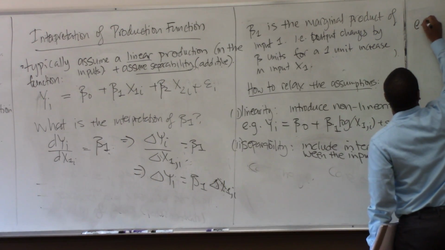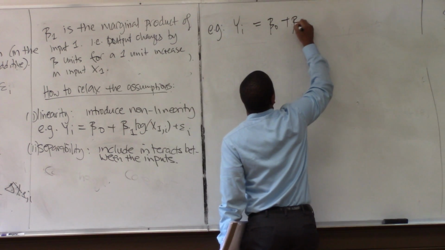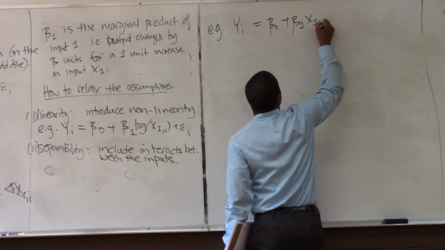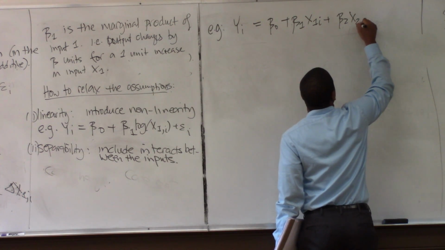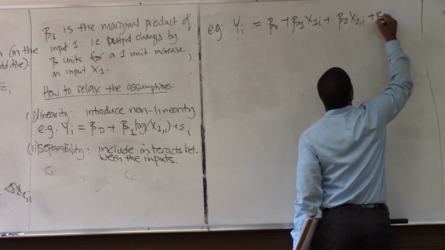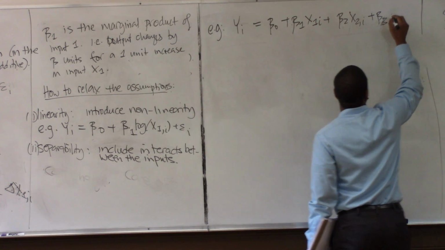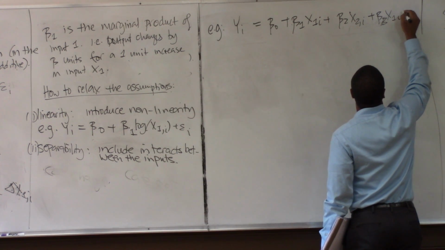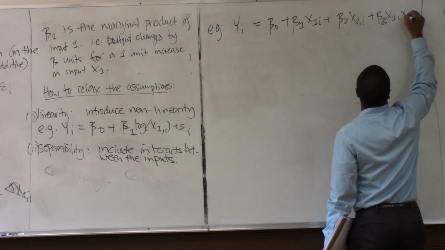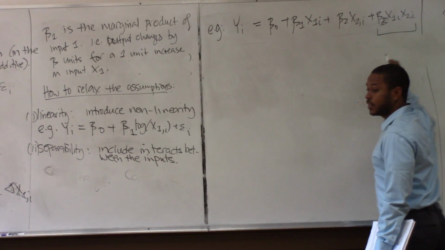So for example, we could have yi is equal to beta 0 plus beta 1 x1i plus beta 2 x2i plus beta 3 x1i times x2i. I'm going to let you write that down.